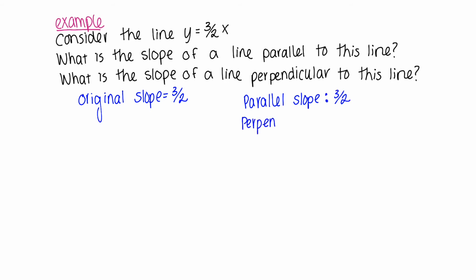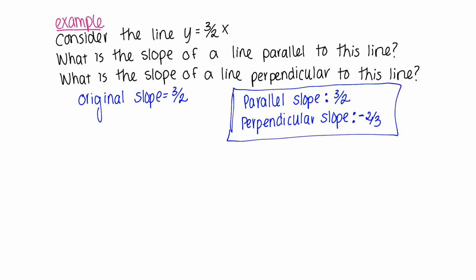The perpendicular slope will be negative because the original slope was positive, so it's the opposite sign, and then if you flip 3/2 upside down, you'll get 2/3. So that's the reciprocal, the opposite reciprocal. And those are those slopes.